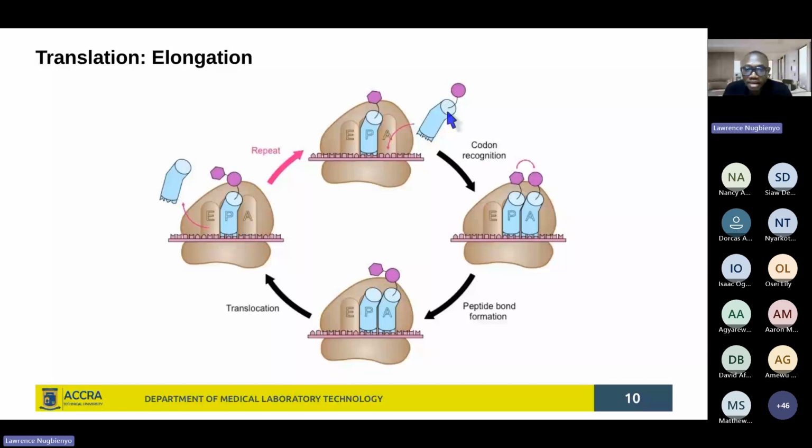And once it comes into the A site, the next thing is that you'll find there is a transfer of the amino acid which was on the transfer RNA in the P site onto the amino acid on the transfer RNA which has just come into the A site.